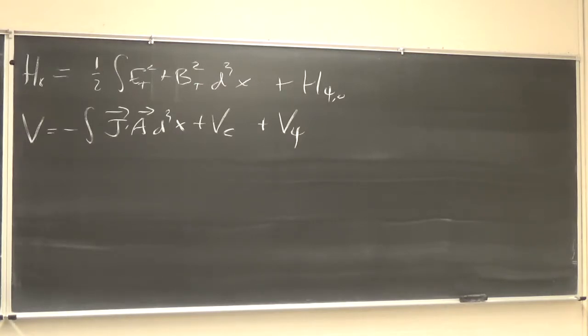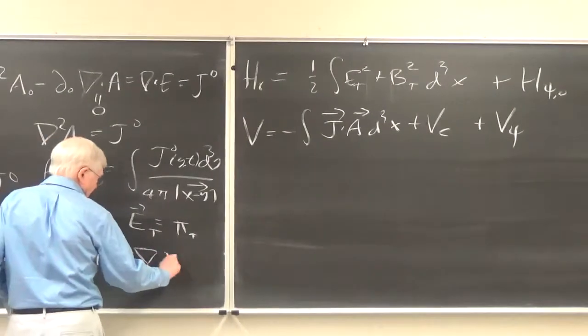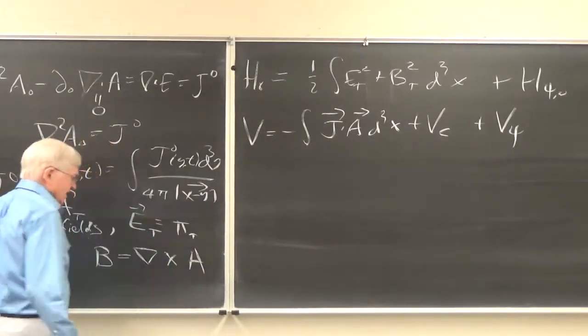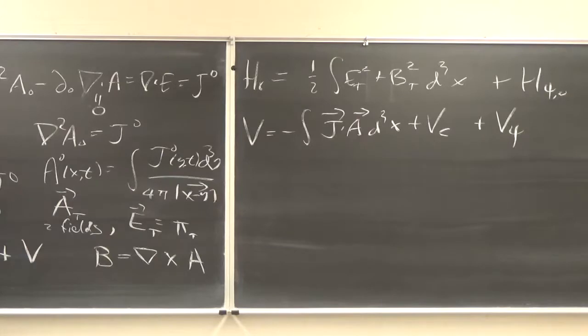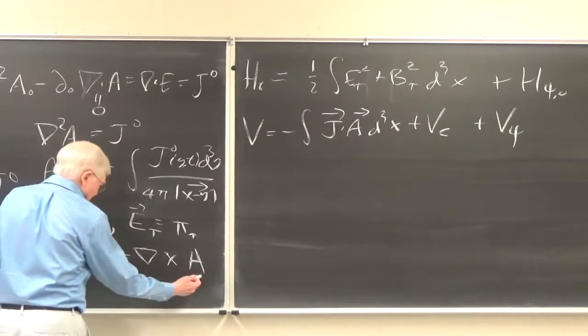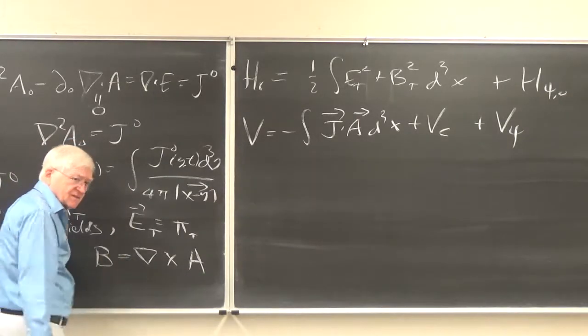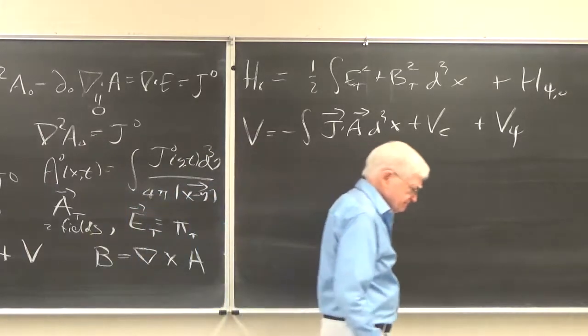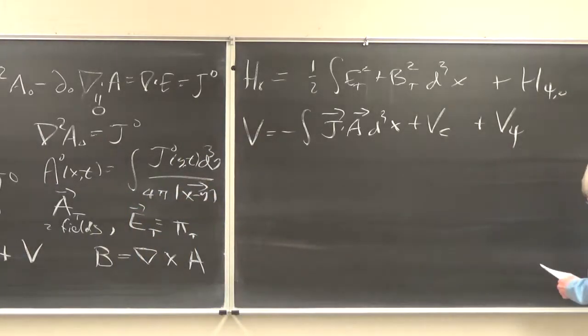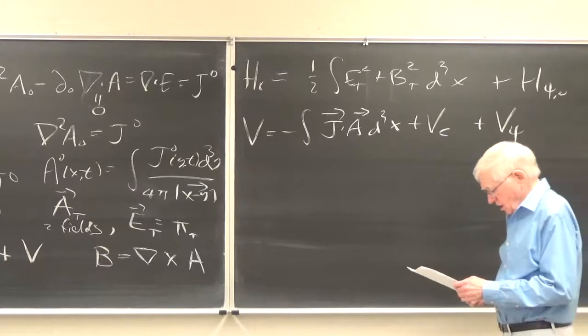And B, of course, is the curl of A, and even if A were not transverse, B would automatically be transverse. That's one of the reasons why the Coulomb gauge is a physical gauge.